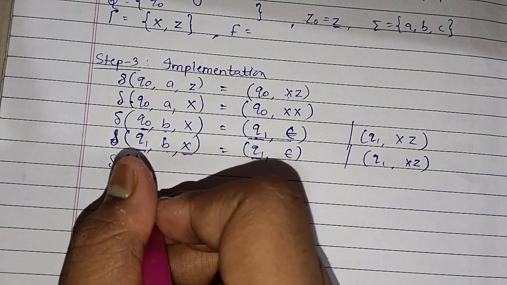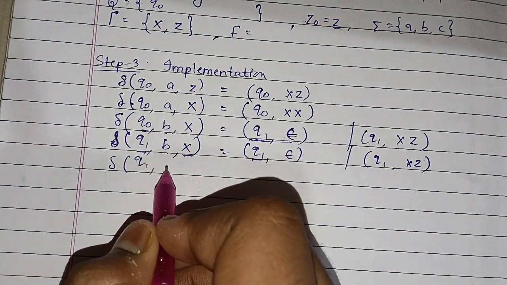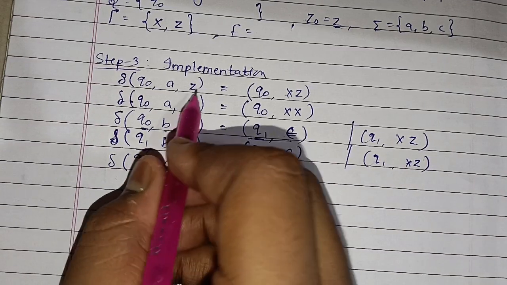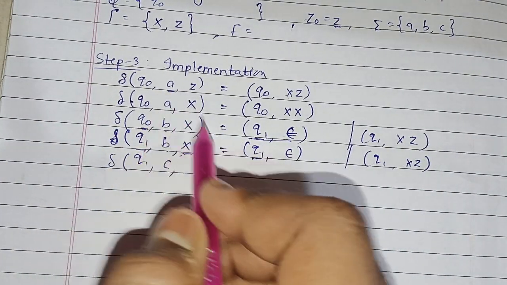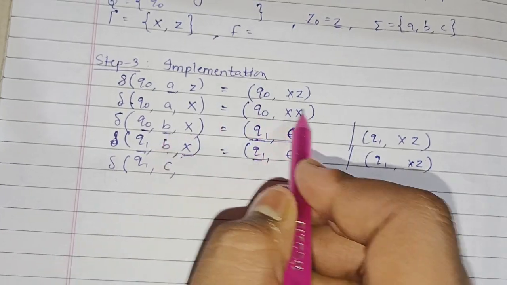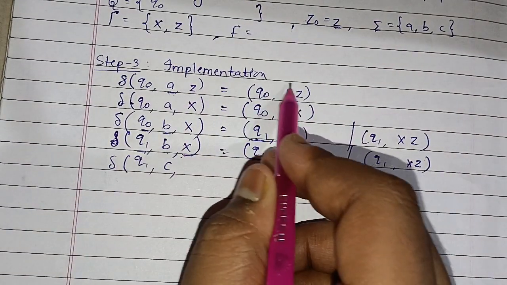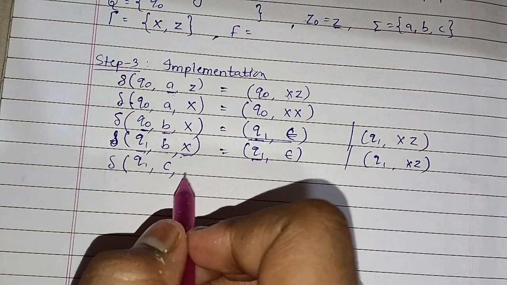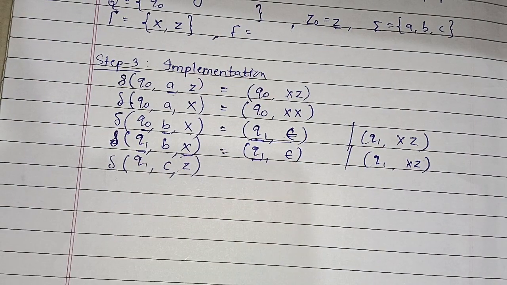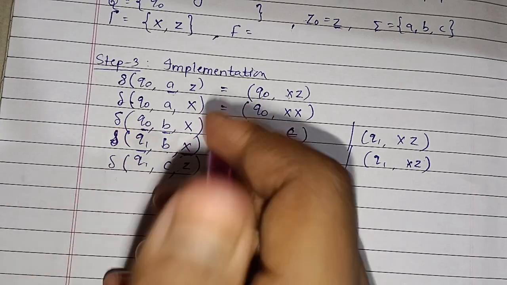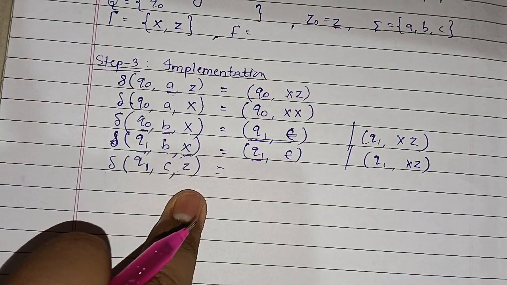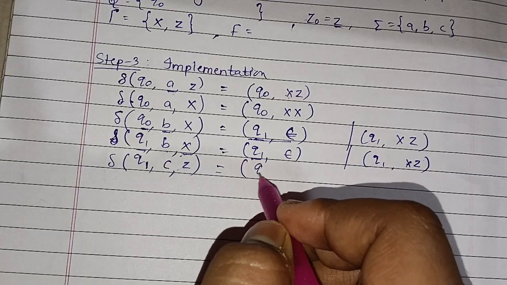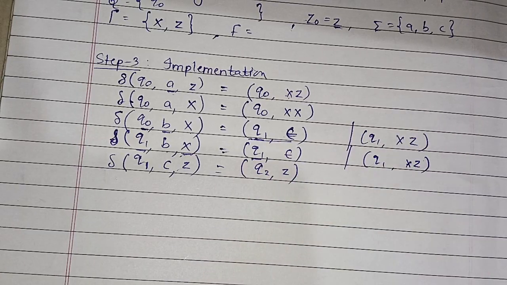Now if q1 receives c, remember, for n times a there will be n times b, so n times X were pushed and that many X will pop. So we are left with only Z on the stack. If q1 receives c with stack top Z, I have to keep track, so I will go to q2 and keep the stack top as it is.